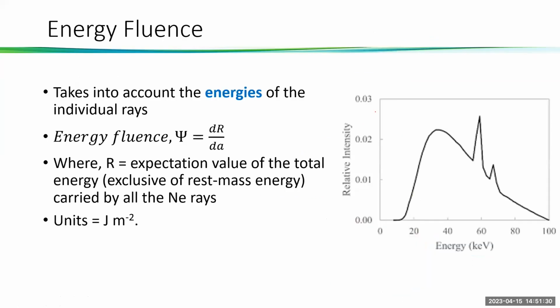Energy fluence takes into account the energy of each and every individual X-ray. As you know, X-ray is a spectrum of radiation, photon beams from low energy to high energy, so each photon has an energy associated with it.